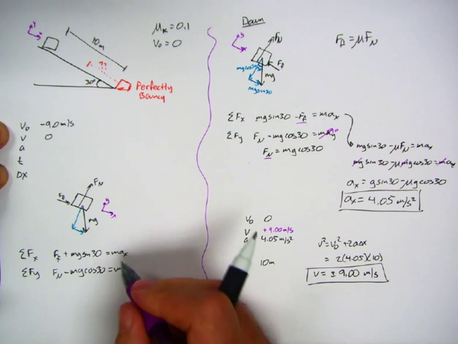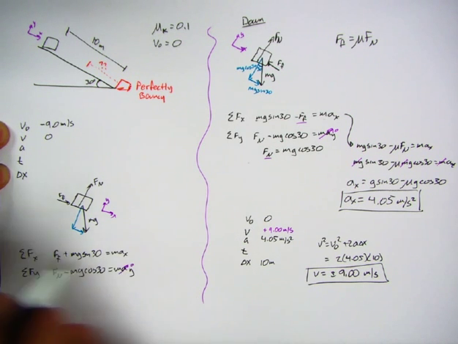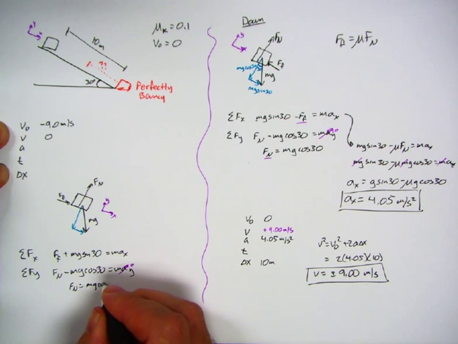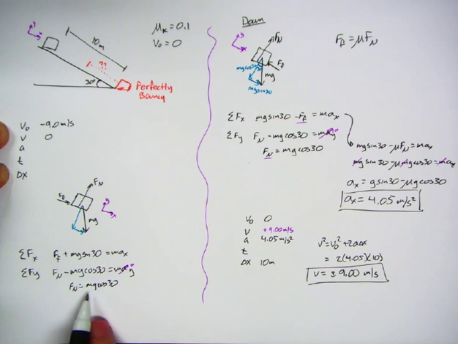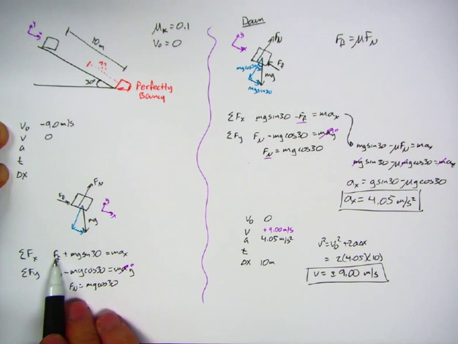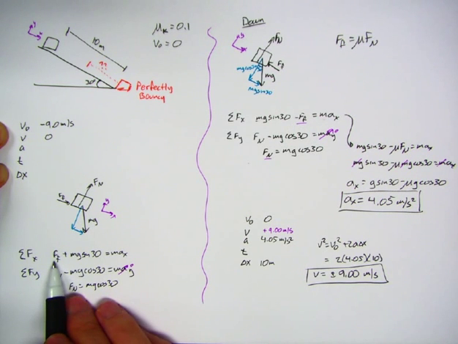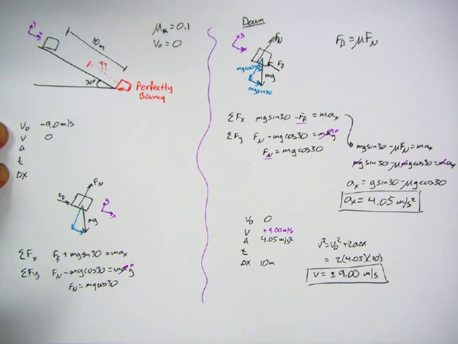Once again, acceleration in the y is 0, so F normal equals mg cosine 30. We notice that nothing changed in the y direction. But in the x direction, instead of minus force of friction like I had up here, I get positive force of friction like I have here because the box changed directions, so friction also changed directions.